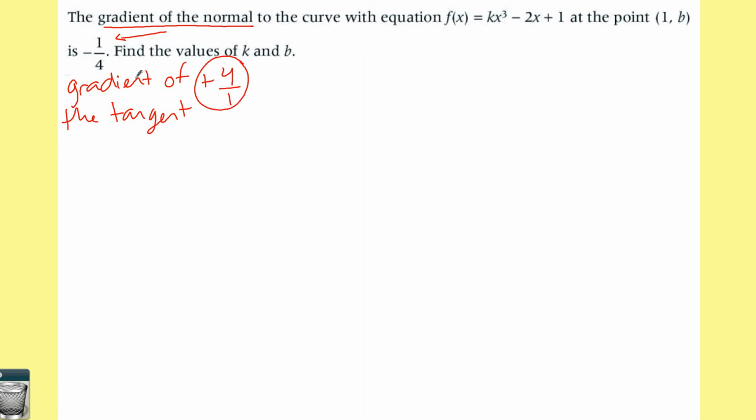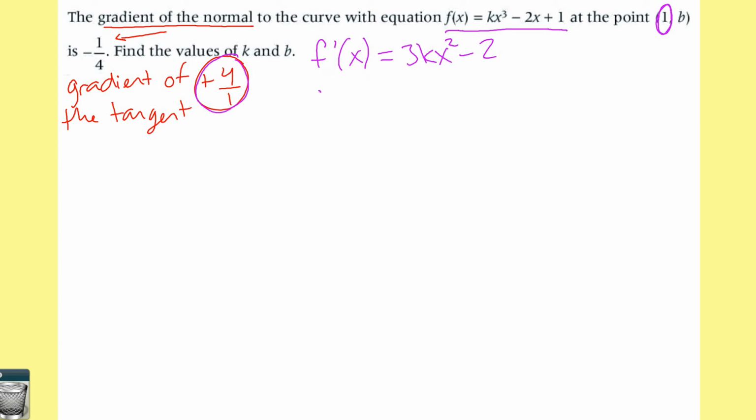Okay, that's handy to know, because if we take our original equation and we find the derivative, that should be 3k x squared minus 2. I know that the derivative at this point, when x is 1, my slope must be 4.